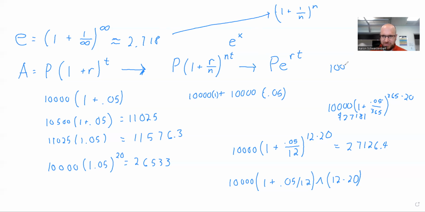To use it is very simple. 10,000, you do the e to the x button on your calculator. You do the r of 0.05 times time is 20. Make sure not to use the letter E. Okay.